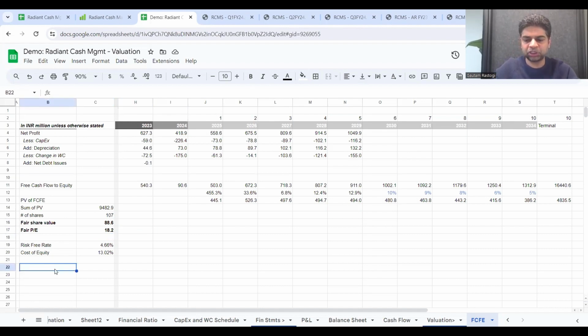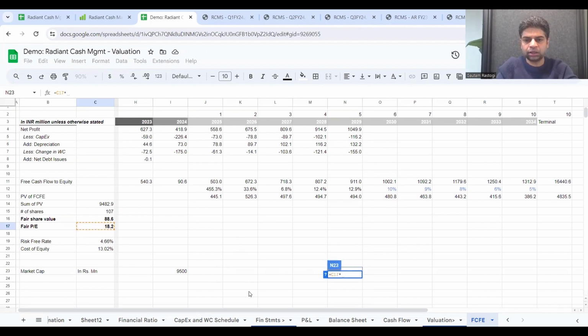I'm just doing some rough calculation. The market cap right now is 950 crore, that is 950 rupees million. If this company trades at a fair PE of 18, five years out, then we multiply this PE by the earnings, the profit they will make in 5 years, which is 1050 million. This is the market cap they will create if 18 is the fair PE at which it trades 5 years from now. So basically the company's market cap will more than double in 5 years.